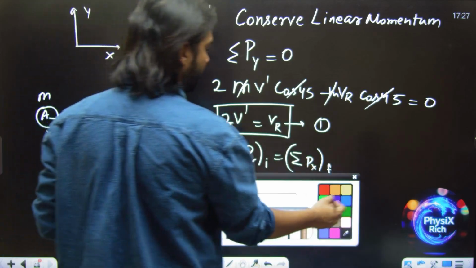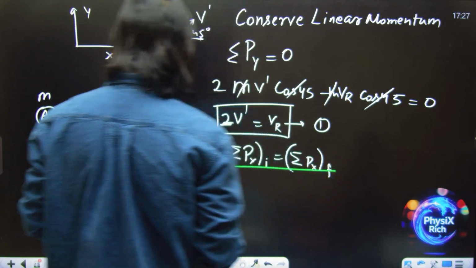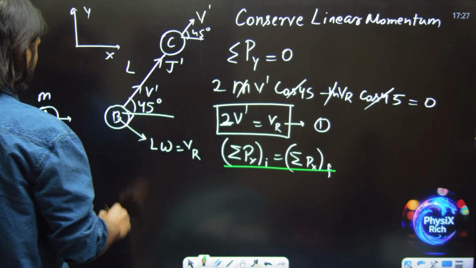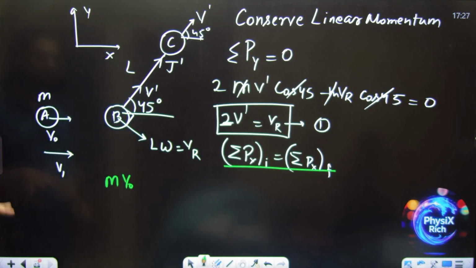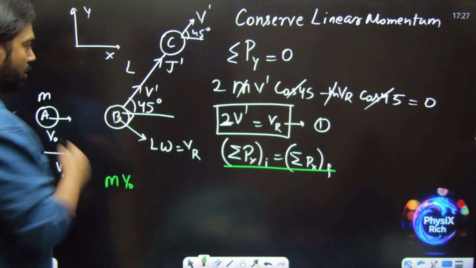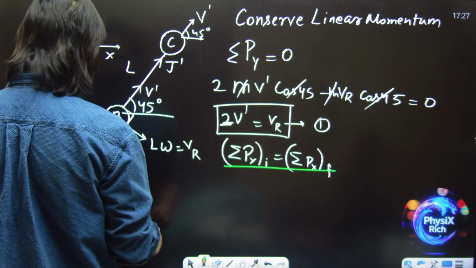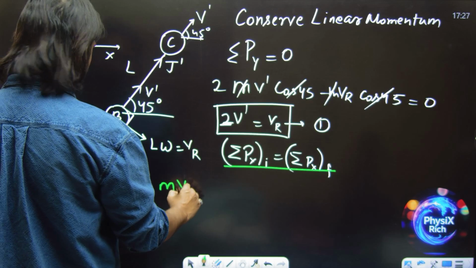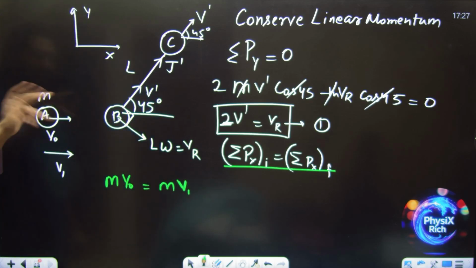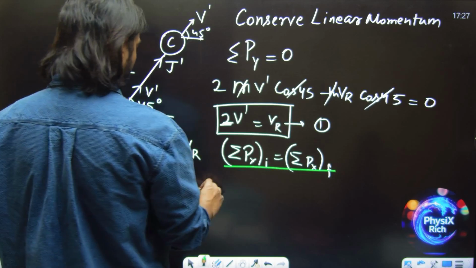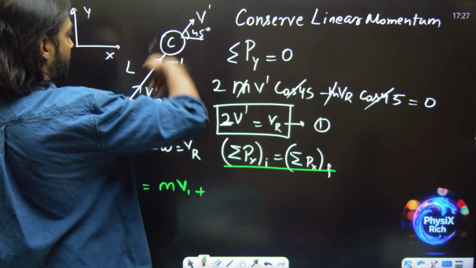Let me write that with the green color. m v naught. This is the initial linear momentum along the x-axis. That should be equal to m v1. Now what is v1? Guys, v1 is the velocity of this guy after collision, plus now this guy, both of these.